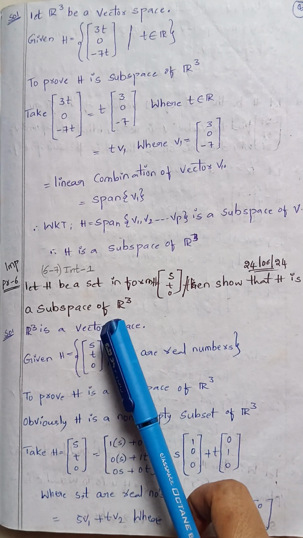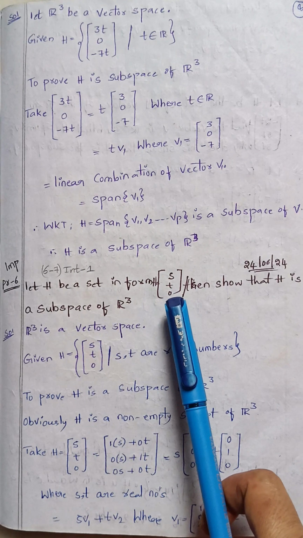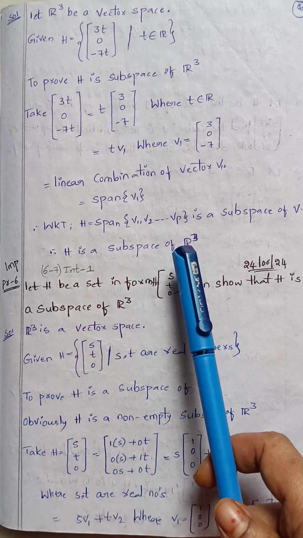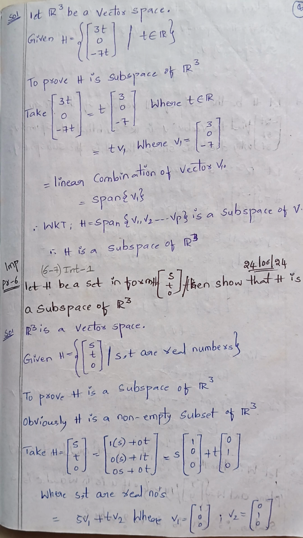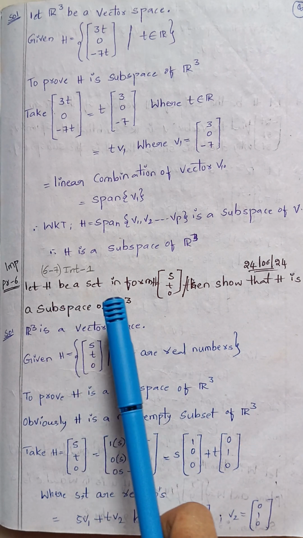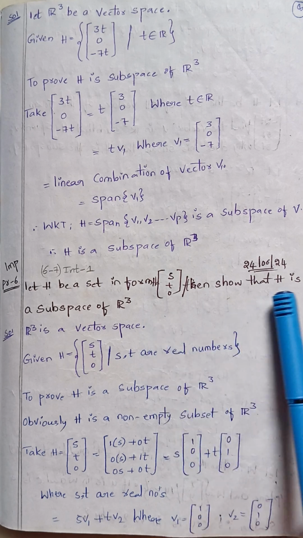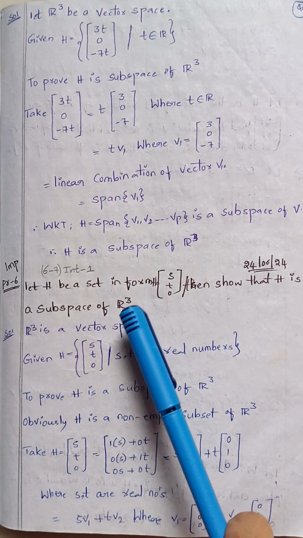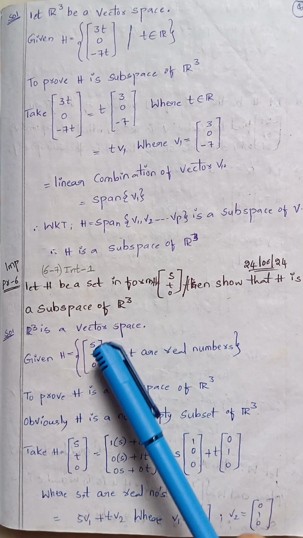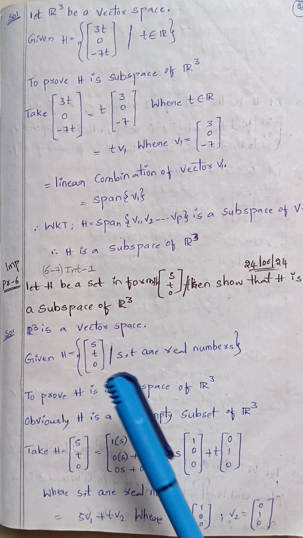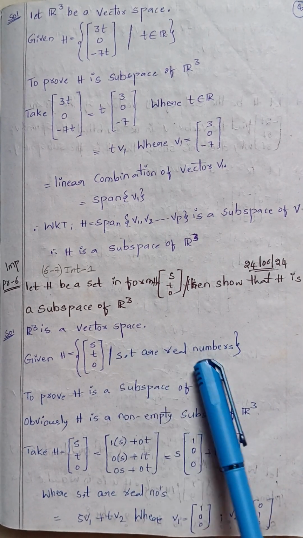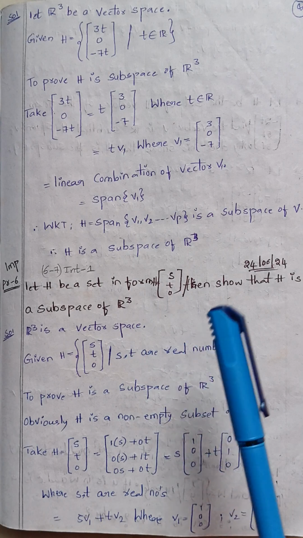Now see another problem, which comes every year in this question. Here H is given as S, T, 0. H is a subspace of R3. First of all, what we need to check is that R3 is the vector space, so it should contain 3 entries. Now we check how many real numbers are given here. S and T are real numbers, so 2 vectors will come.